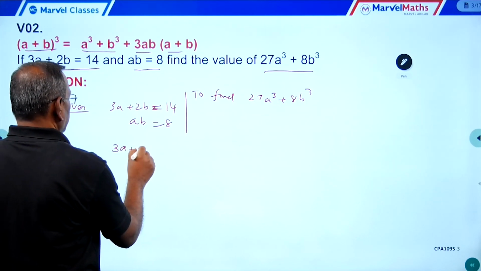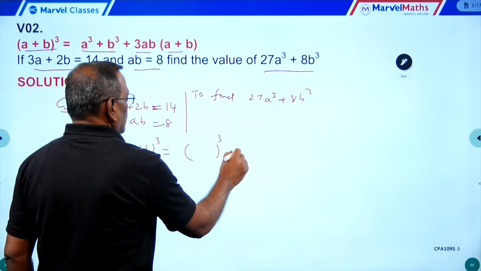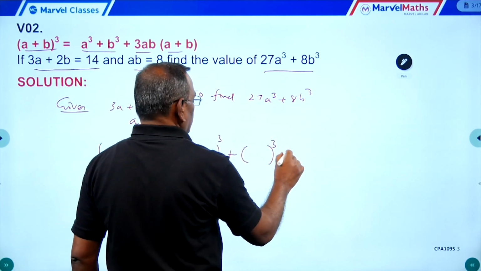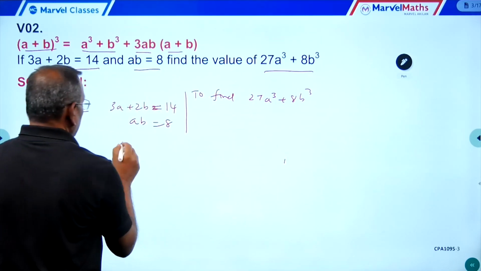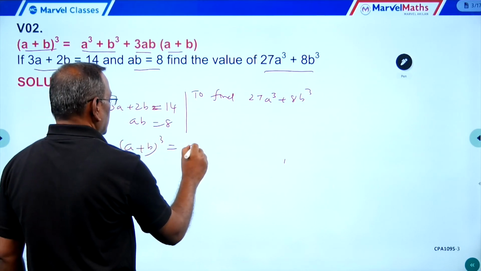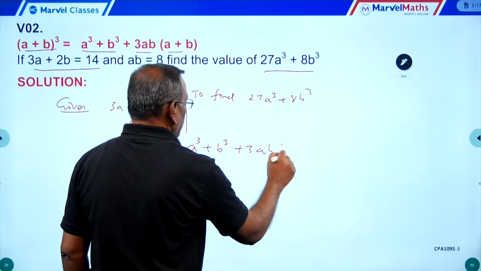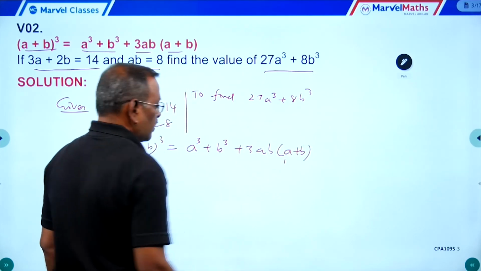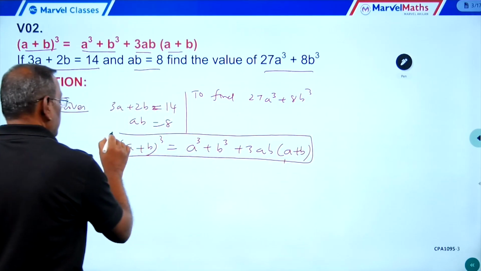3a plus 2b the whole cube equal to a cube plus b cube plus 3ab into a plus b. I will write the formula first here so you can easily understand the concept. So this is the identity, and based on this identity we will prove this.